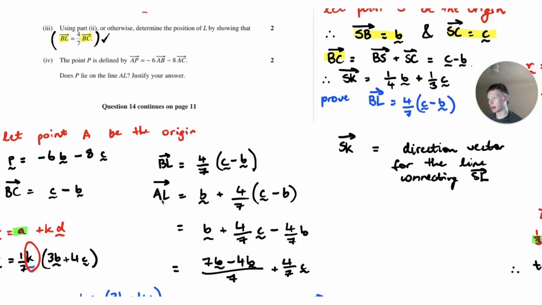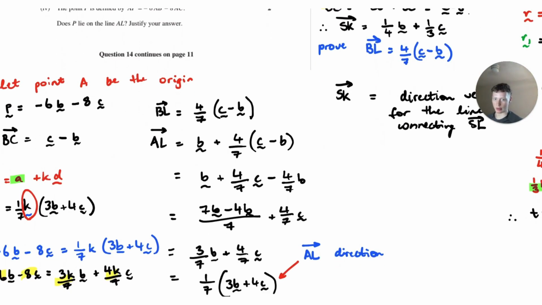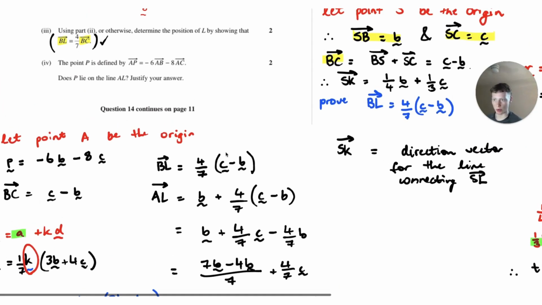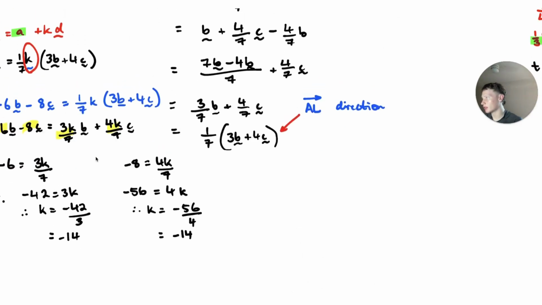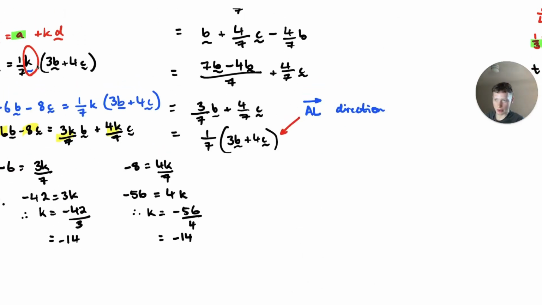So it depends on what the argument is here, to be honest. And I think this might just be my poor understanding of it. But if we're showing that it has to actually lie on the line, then the k value that we would need in order to fulfill that means that the line would have to be larger than it is. So even though it's on the right trajectory, it doesn't sit within that actual line segment.